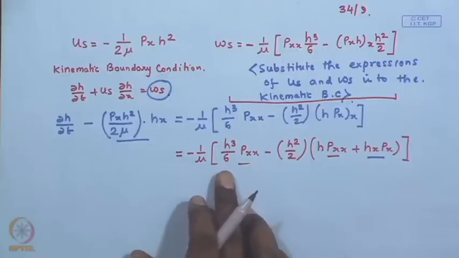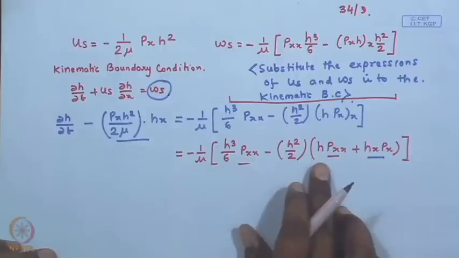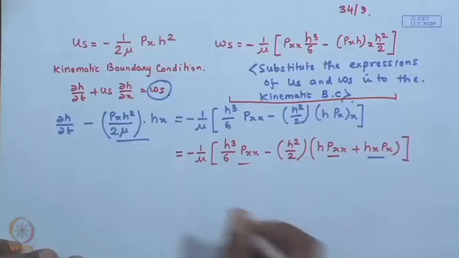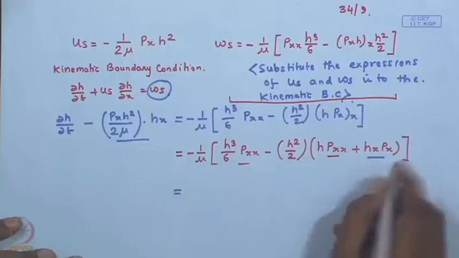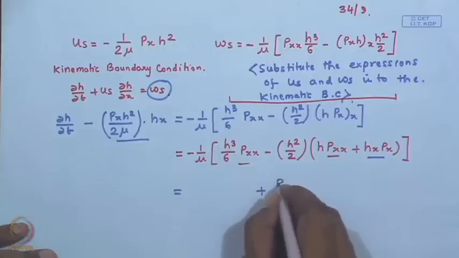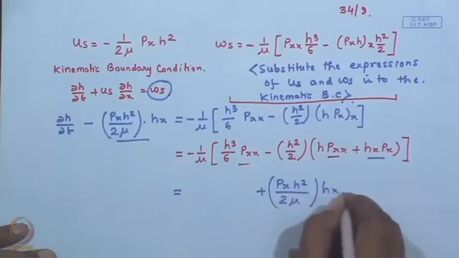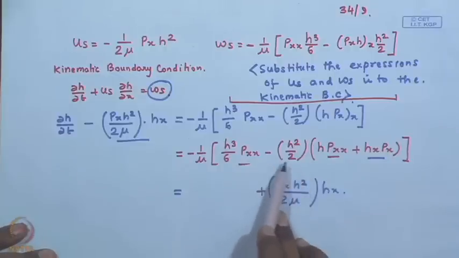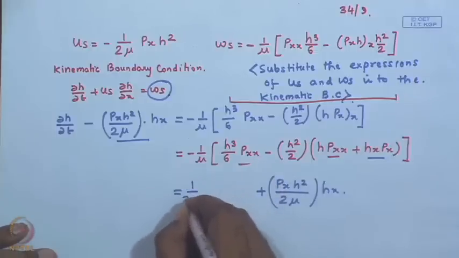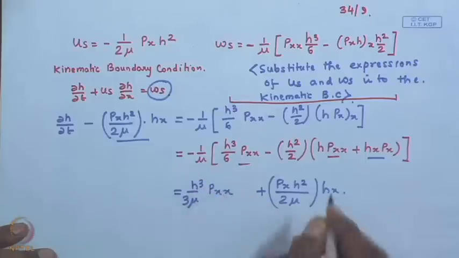This also has the same prefactor of minus half, but this minus gets added with a plus. So, this second term results in a plus Px H²/2μ into Hx, and the first term is now half minus 1/6, so it is essentially 1/3μ H³ into Pxx.